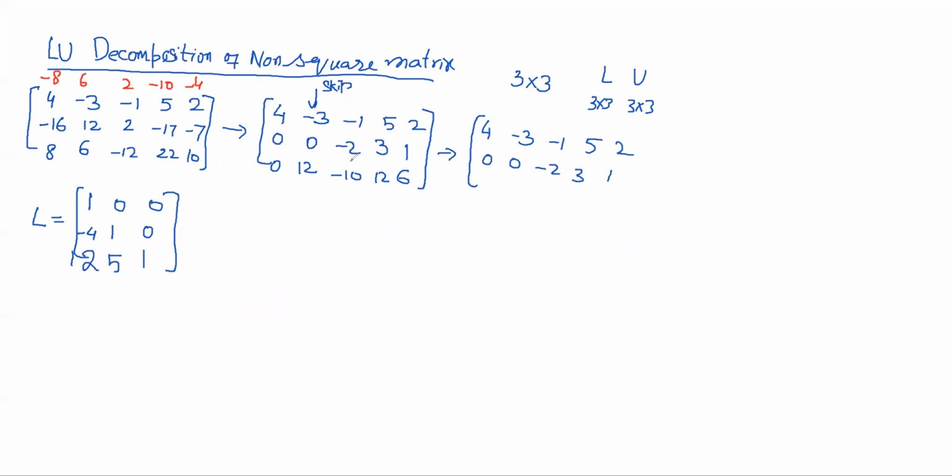For this row operation, I have to multiply the second row by 5. So 5 times row 2 and then add to row 3. That will be the new row 3. So anyway, this will be 0, this will be 12.